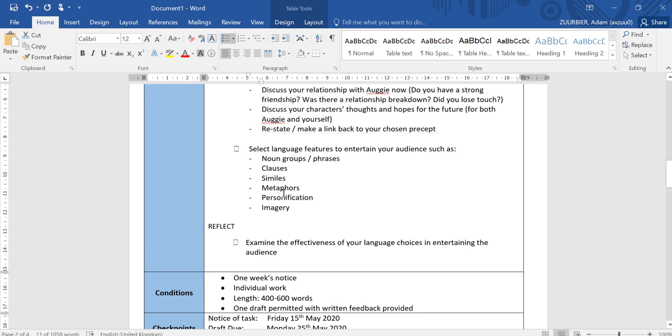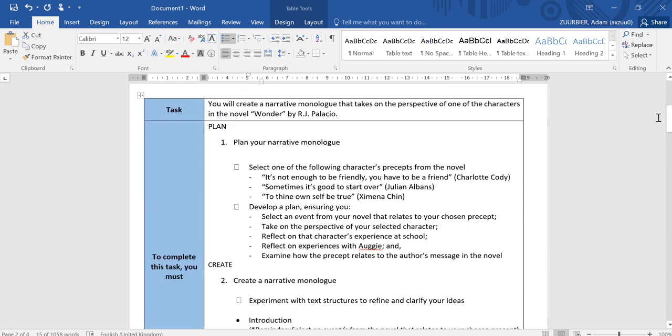Remember as well to use all of those different imaginative language features that you should be using when writing a monologue. To break this down to something very simple, you choose a character, and you choose one of these precepts. You then need to choose an event that happened in the novel.